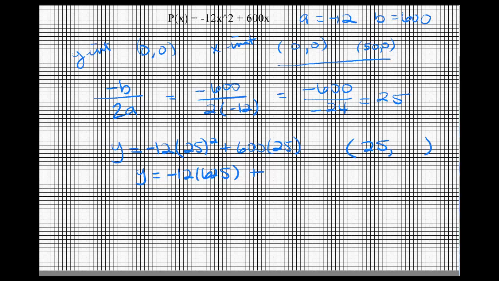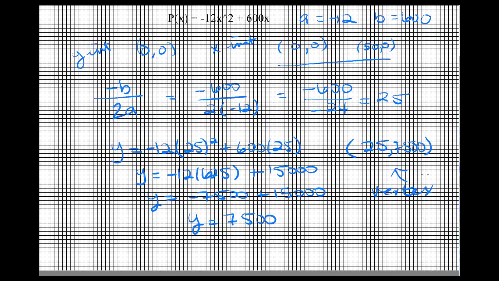And 600 times 25 is 15,000. Minus 12 times 625 is minus 7,500. And negative 7,500 plus 15,000 is 7,500. So that is our y-coordinate, and as we can see, we now have our vertex. This is going to be the highest point of our parabola.